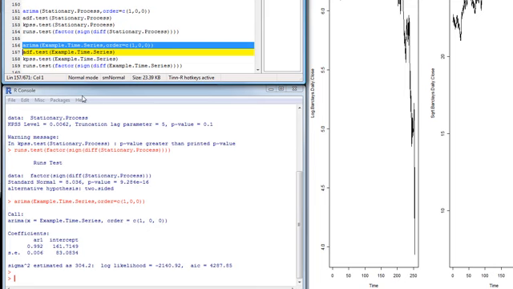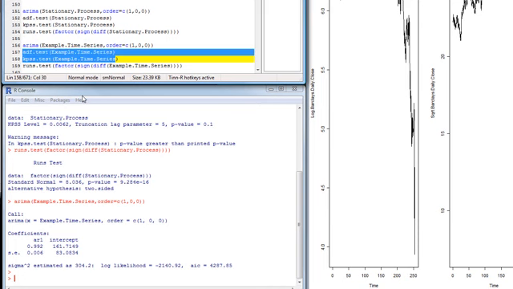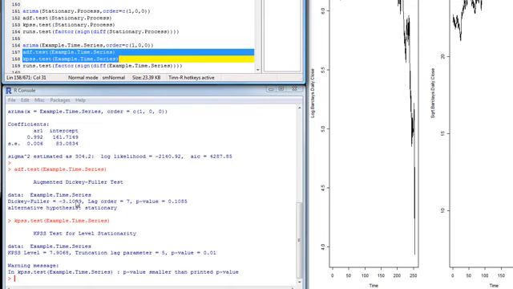We can look at that differently through an ADF test or a KPSS, so the augmented Dickey-Fuller. That suggests to us that we should take the null hypothesis of non-stationarity as being true simply because we observe a p-value of almost 11% with the augmented Dickey-Fuller test, and with the KPSS, the null hypothesis of the process being stationary should be rejected, and we should accept the alternative, which is of non-stationarity, since we observe a very small p-value.